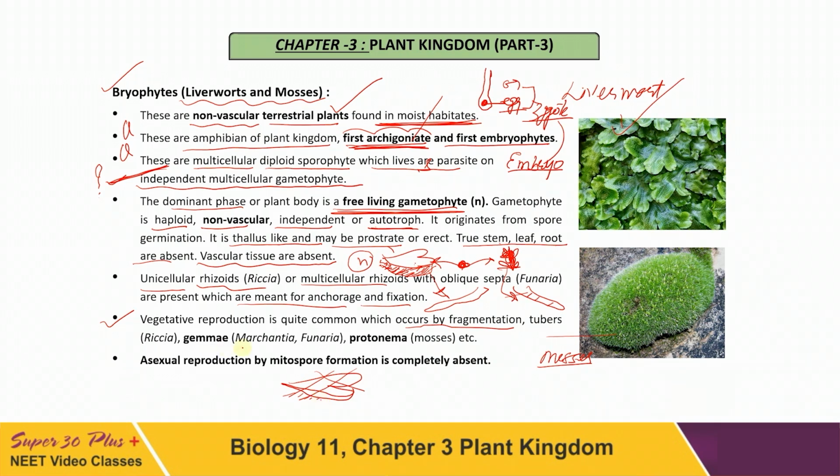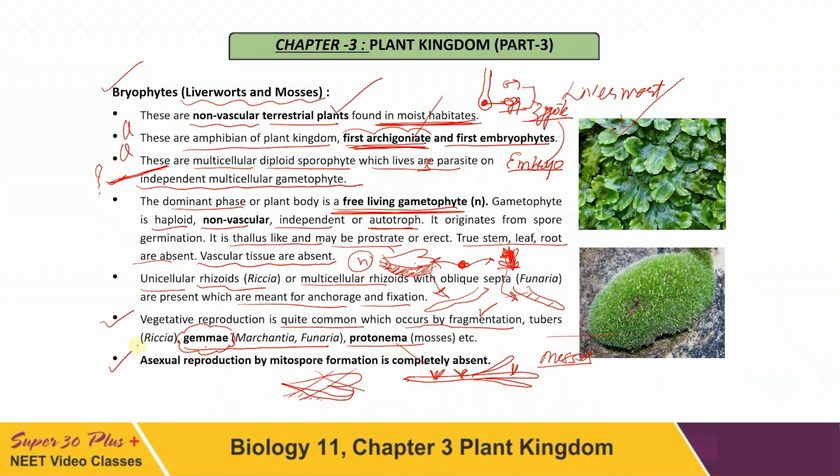While in the case of mosses, like Funaria, a tubular structure is formed, which is very well branched, and this well branched structure is known as protonema. On this protonema, buds will be formed, and each bud will develop into a new plant. So I may repeat, vegetative reproduction is quite common. It may be by fragmentation, it may be by gemmae, it may be by protonema.